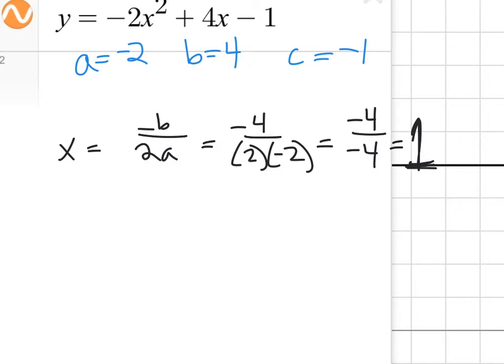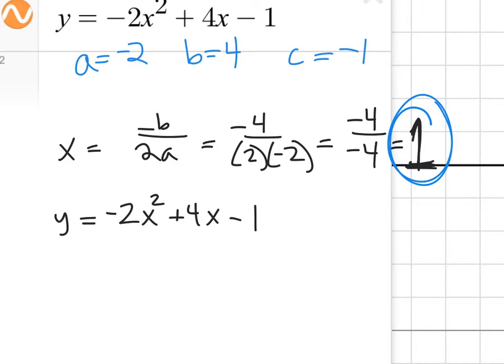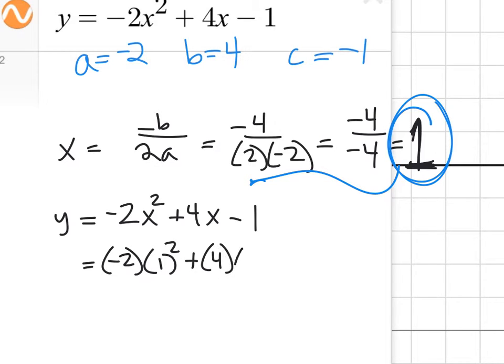If we're going to use our formula, x is equal to -b over 2a, which becomes -4 over 2 times -2, which gives us -4 over -4, which is equal to 1. So our x value is 1, and then for our y value, you take the original equation, -2x squared plus 4x minus 1, and you substitute in the 1. So you end up with -2 times 1 squared plus 4 times 1 minus 1.